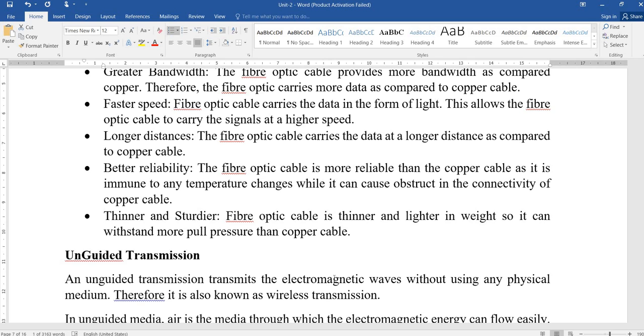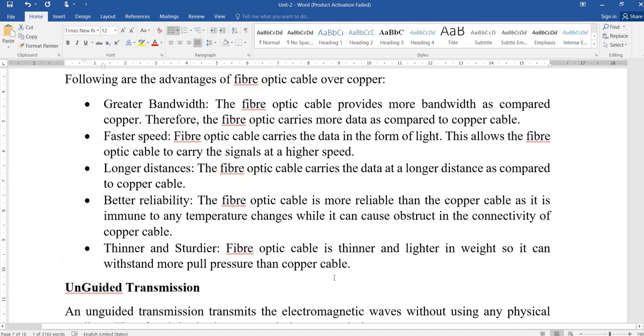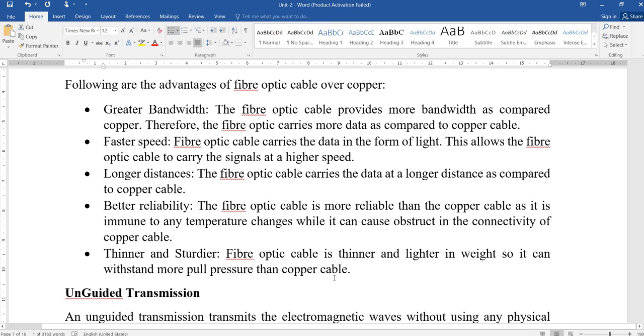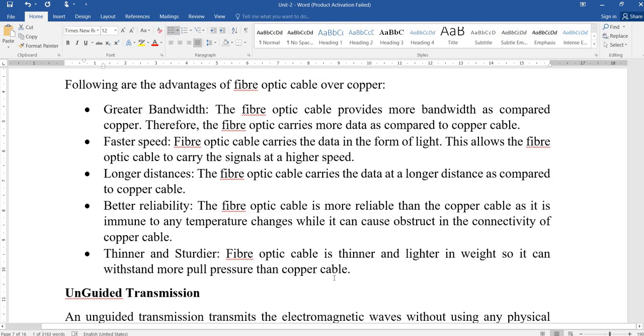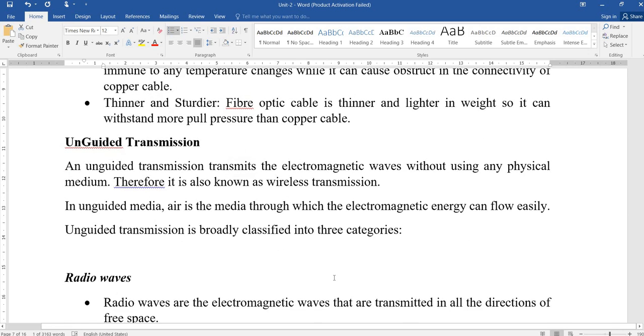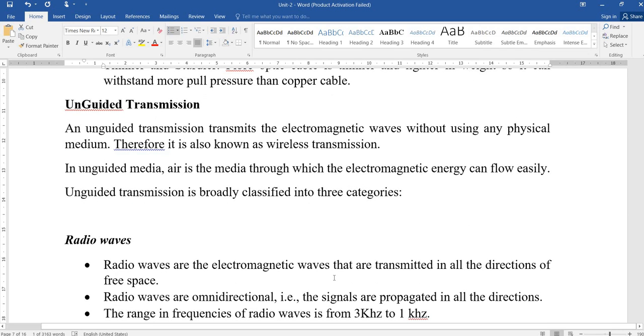Fiber optic cable is thinner and lighter in weight, so it can withstand more pull and pressure than copper cables. So these are the points: thinner and sturdier, better reliability, longer distance, faster speed, and greater bandwidth are the advantages of fiber optic communications.